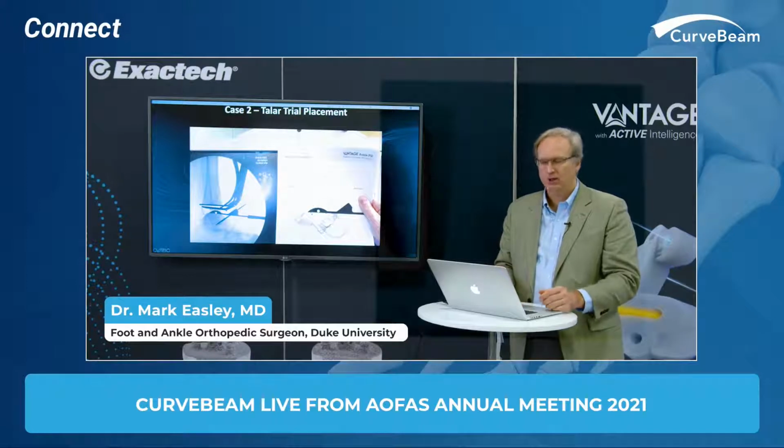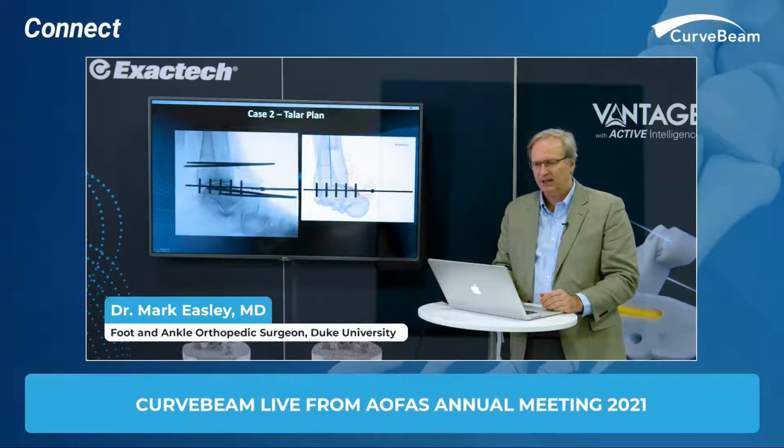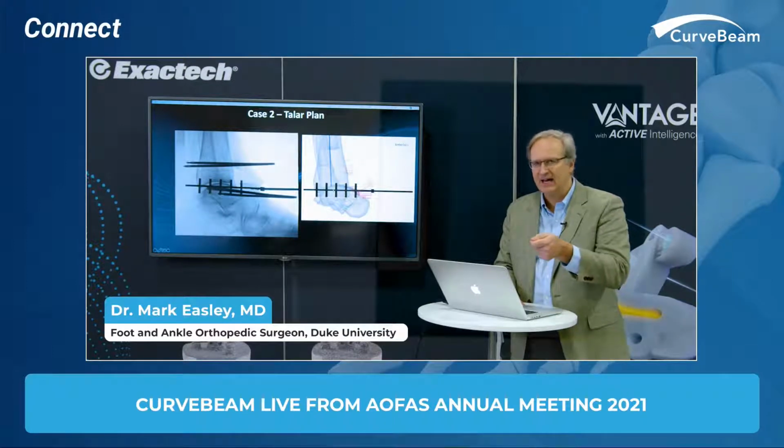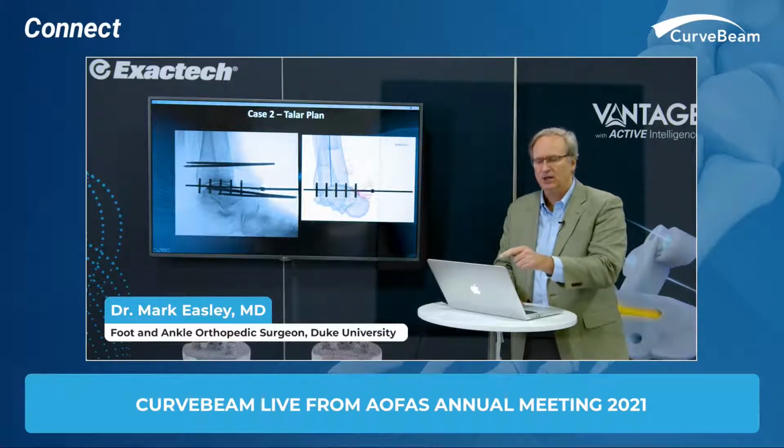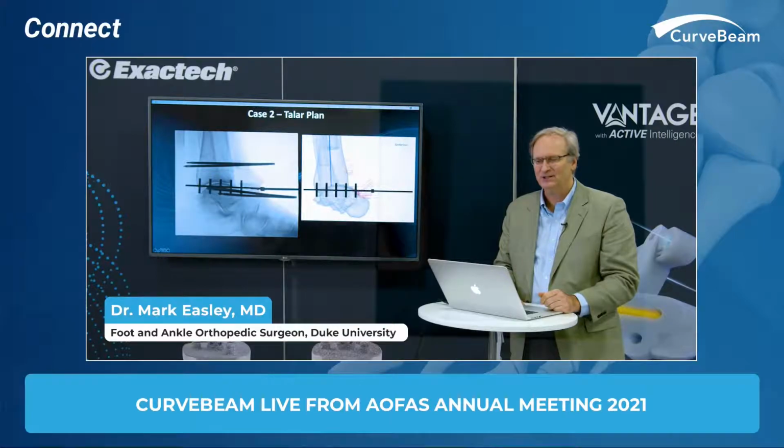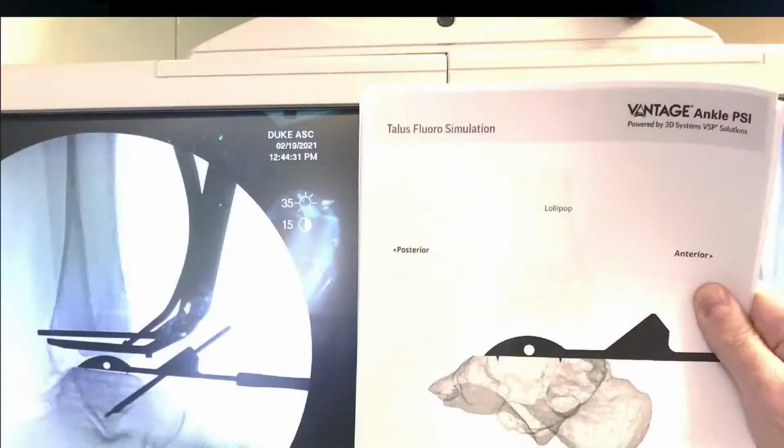As I mentioned before, through that talar cut block, I can then drop the pins in that I normally do. Instead of me trying to figure out exactly where the sizing guide needs to go, I can put it exactly where it needs to be based on my preoperative plan. So you can see it here. This is in the surgery. Through the cut block, I've pinned this in accordance with my plan.